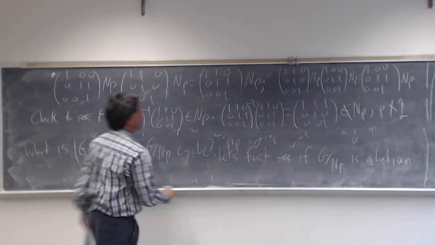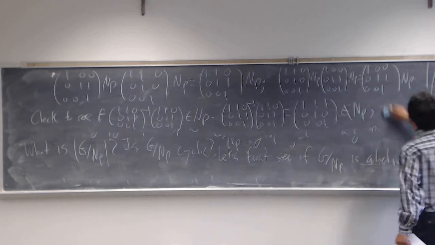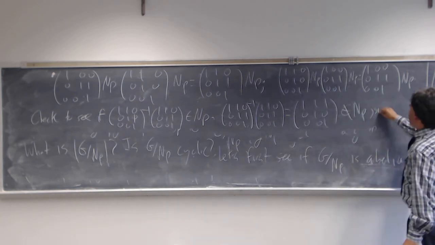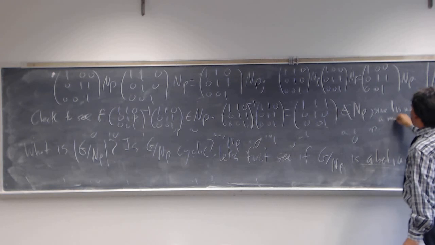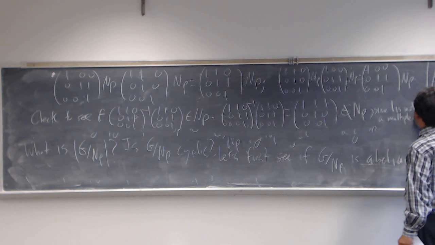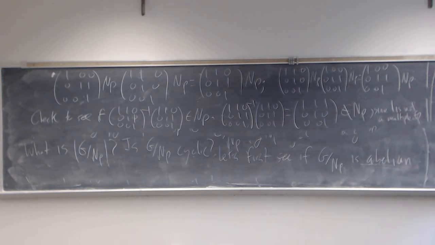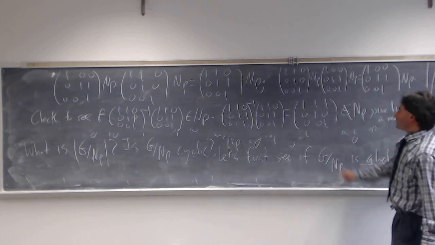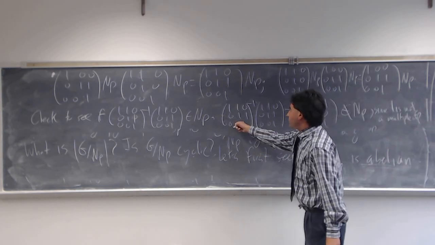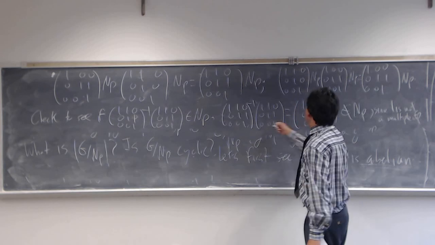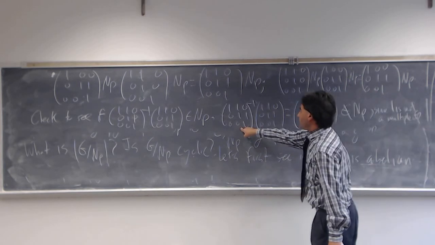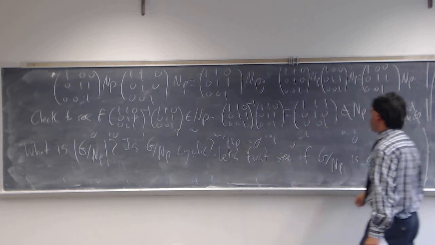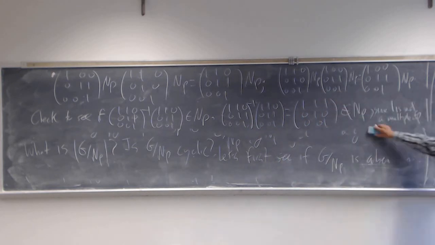Maybe I'll say that in words: 1 is not a multiple of p. So that means this inverse times that element is not in N of P, so the coset determined by this element is not the same as the coset determined by that element.